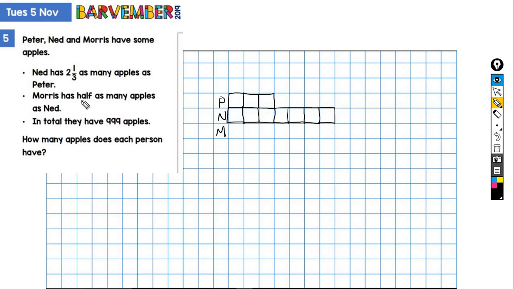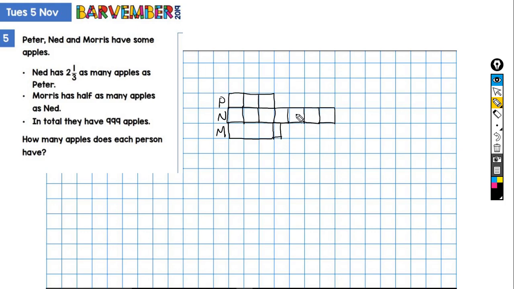And then let's look at what Morris has. Morris has half as many apples as Ned. Now we've got 1, 2, 3, 4, 5, 6, 7 here. Half of that is 3.5. So what we notice now is we're going to have half of this third. What's a half of a third? Well, that's a sixth.